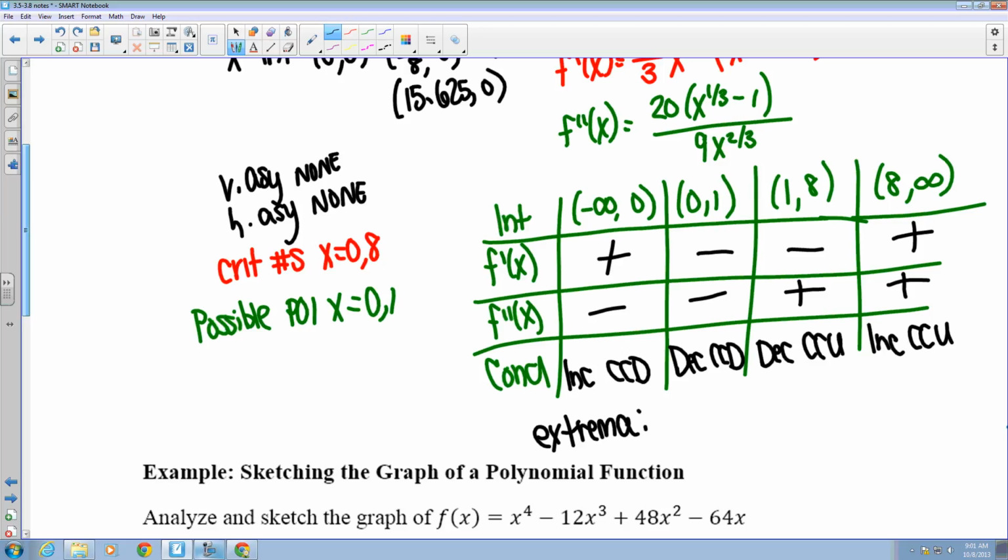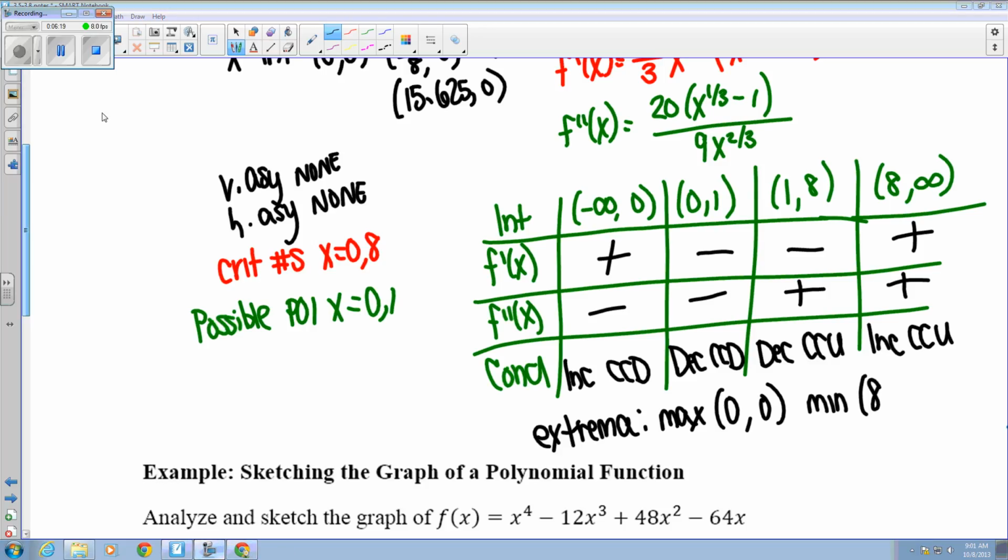We're going to have a max at 0, and we plug that back in, we get 0. And we're going to have a min at 8. And the y value that goes with our min is negative 16.